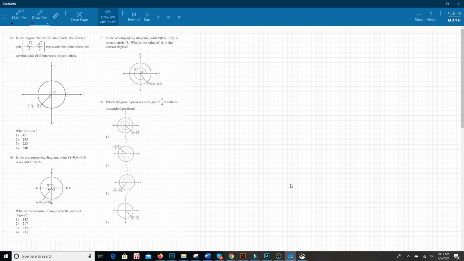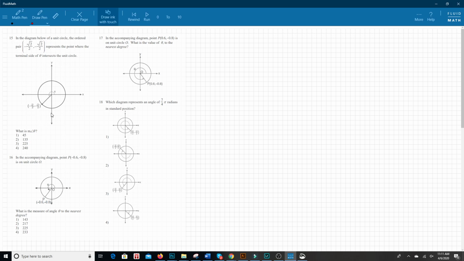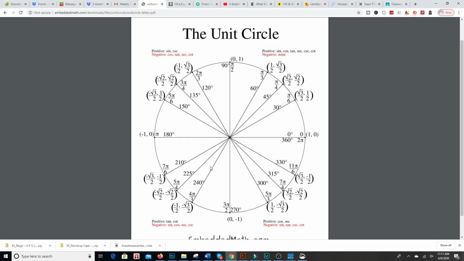They want to know the measurement of angle theta. That's an easy one. Reference a unit circle. Let's go back once more and double check what the question was. They say negative radical 2 over 2, negative radical 2 over 2. So we look back over here at the unit circle. Negative radical 2 over 2, okay, so that's an easy 225 degrees.